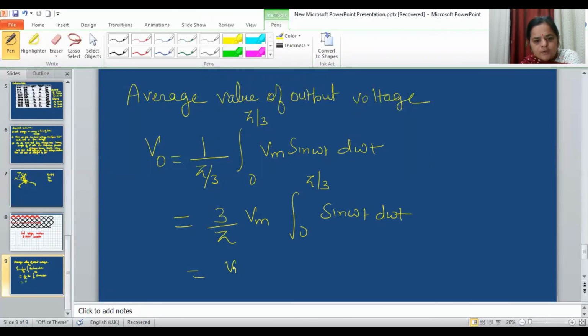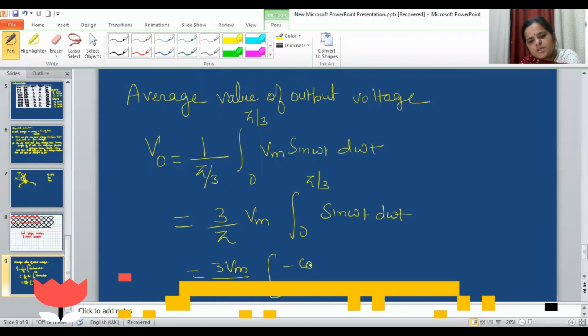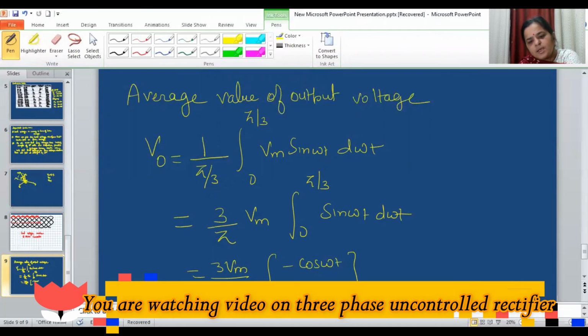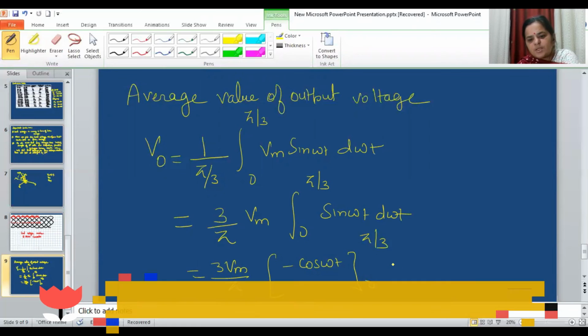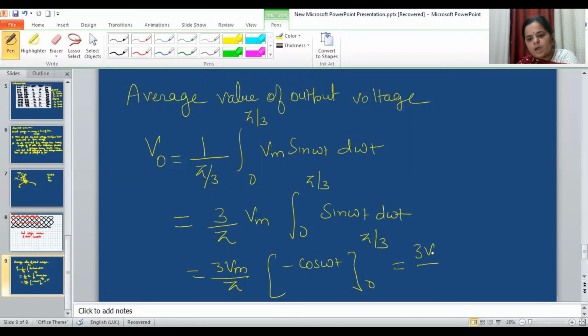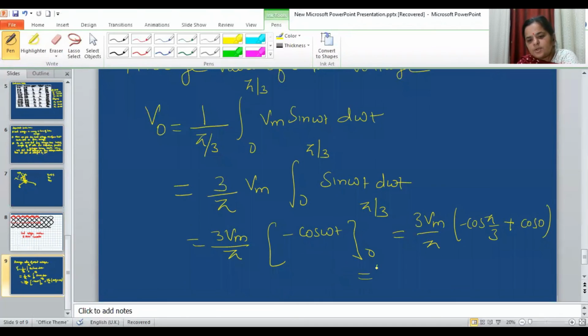So integrated, 3 Vm upon pi. Sine omega t's integration is minus cos omega t, limits from 0 to pi by 3. So 3 Vm upon pi, then minus cos of pi by 3 minus of lower limit, so plus cos 0. So what I am going to get is 3 Vm upon pi times minus cos 60 plus cos 0.